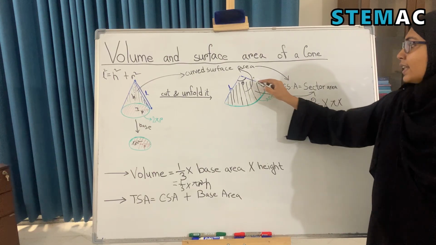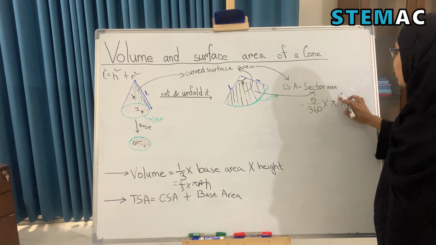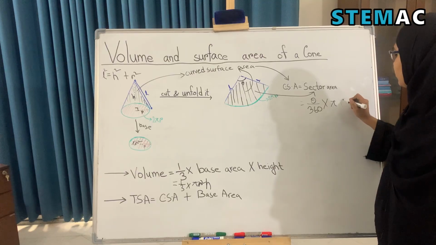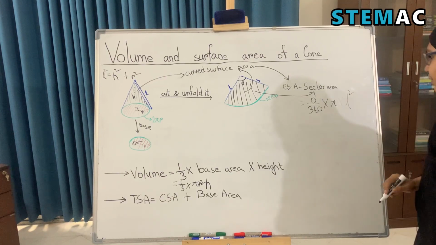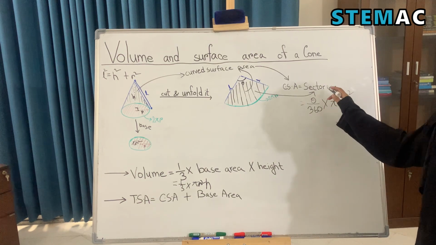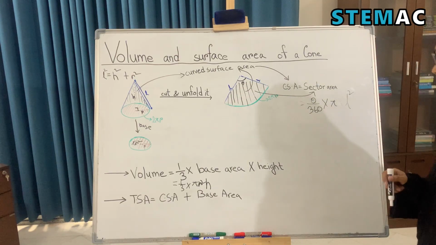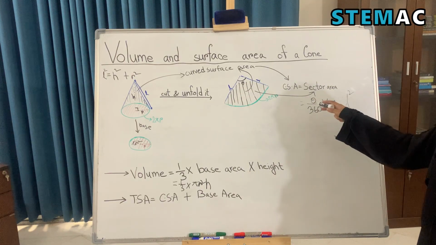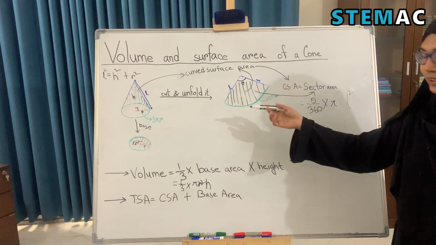Here this circle has radius of L, so pi into L square. And this sector area is the curved surface area of that cone. As we do not know the theta, we can find the theta.